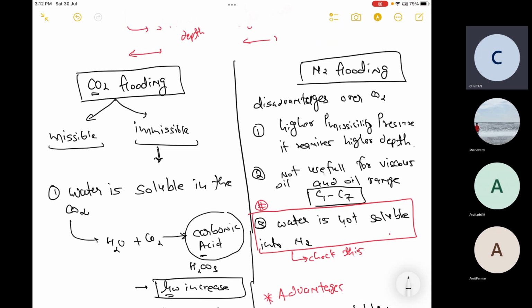But if I have to choose between these two methods, then definitely CO2 has more advantages compared to all other floodings. We can go with CO2 because of the carbon capture policy, and injecting CO2 inside the reservoir for this kind of purpose is also beneficial for environmental issues.